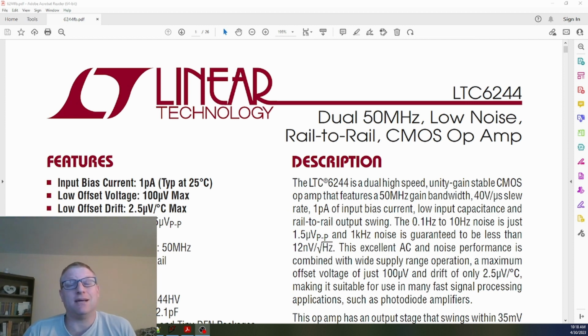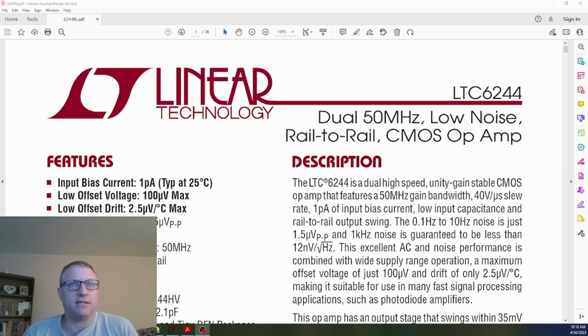What a transimpedance amplifier does is it takes a current and converts it to a voltage on the output. This is used in a lot of photodiode applications, because a photodiode is considered a current source. And so it takes that current source and converts it to a voltage source, which we can read with an A to D converter or something like that.